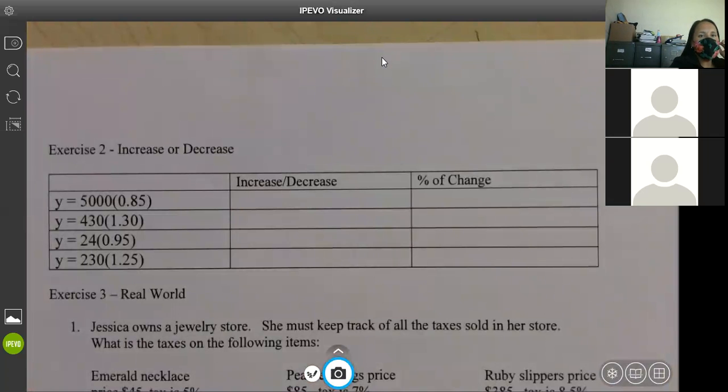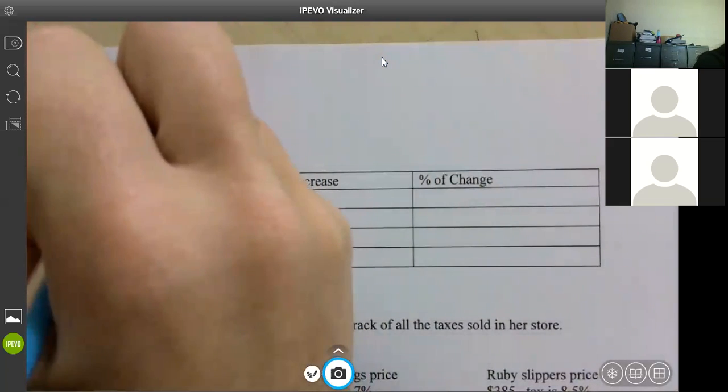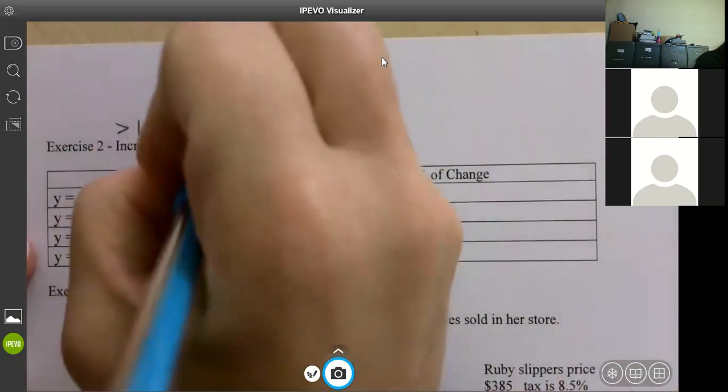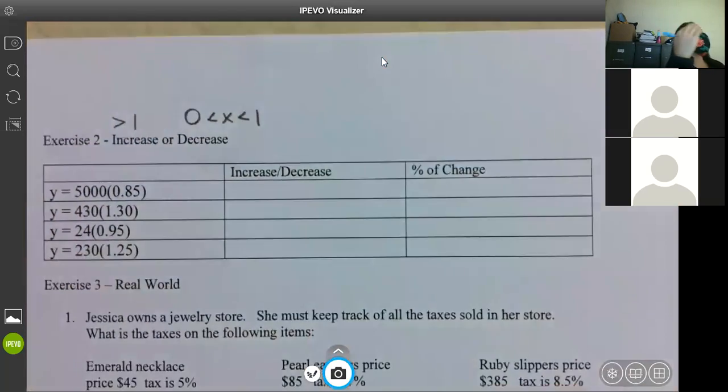You're going to tell me whether this is an increase or decrease and tell me the percent of change. You need to be careful on the percent of change. Okay. So if it's increase, it's greater than 1. If it's a decrease, it's between 0 and 1. So it'll be a decimal between 0 and 1.